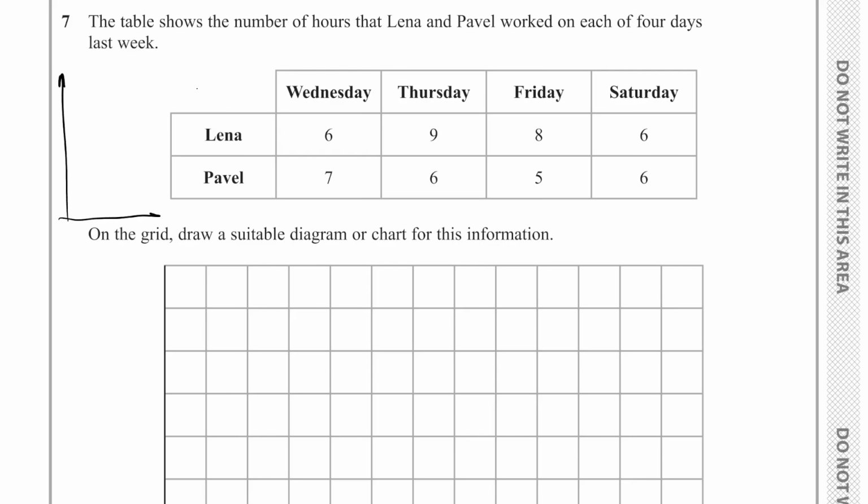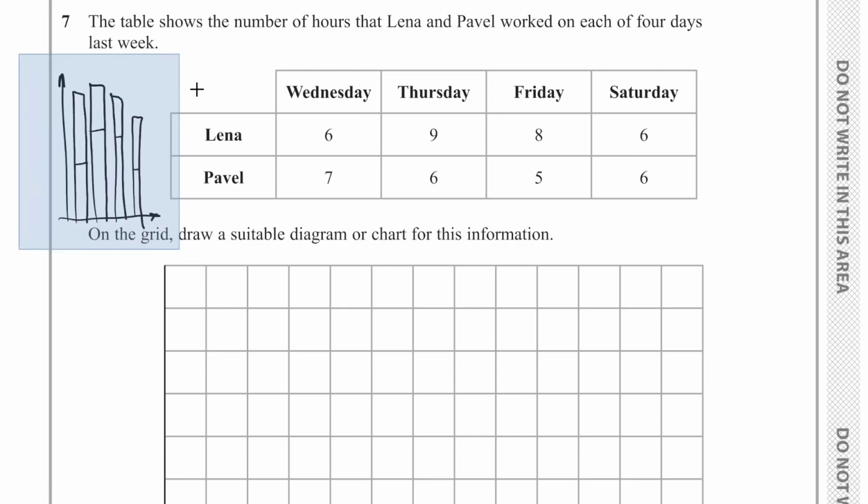So we would have just one bar for Wednesday, but it'd be split. So part of it for Lena, part of it for Pavel, and then the same for the other days. So it will just look something like this, but split like so. It doesn't matter which one we do.